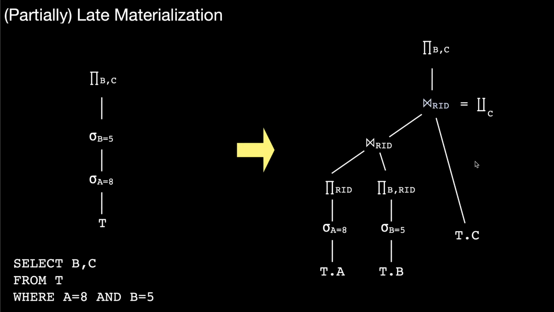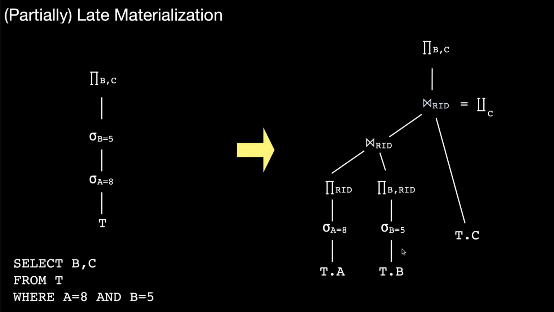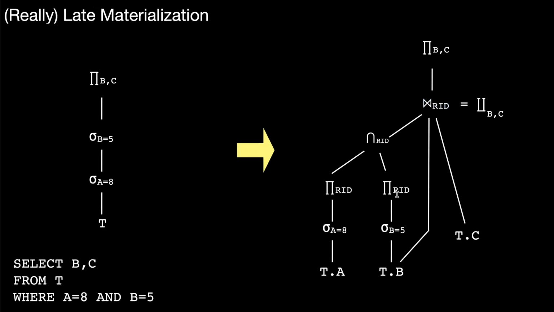Okay, and this is actually a partial late materialization, because a more extreme way of doing that would be something like that. So what's the change here? Look at that again. Here for B, I identified the row IDs that qualify, but also kept the attribute value of B. So what I could do in that case, I could say, no, I first do this left part here.